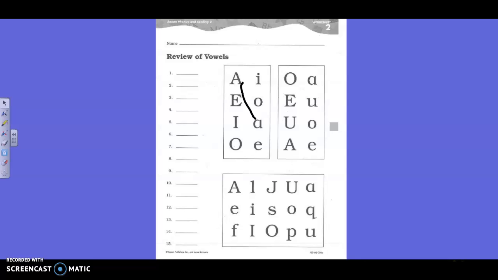Put your pencils up if you're ready for the bottom. On the bottom box, look at the letters in the box at the bottom. Do you see any vowels? Circle all of the vowels in that box.